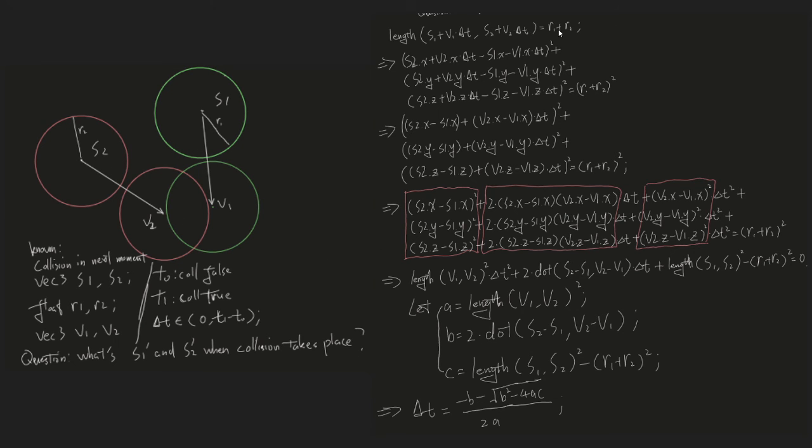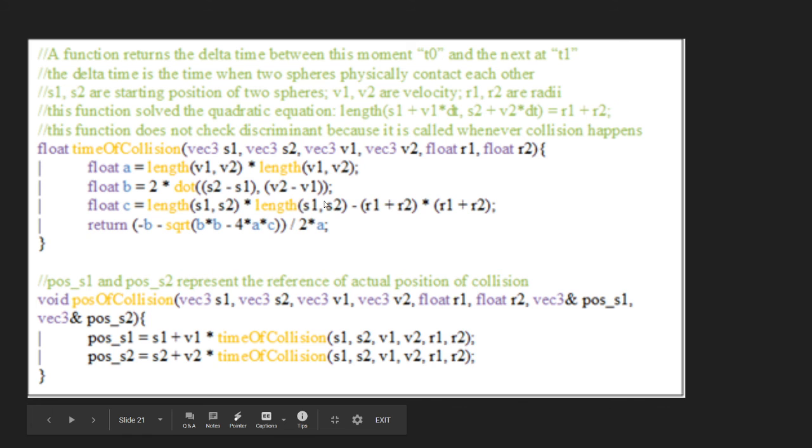So this is the condition: S1 plus this and S2 plus this equals the sum of their radii. If we solve this, we find delta t, and I extended it, and finally we find out that it's a quadratic equation for delta t, and we can put this into code to solve this problem like this.